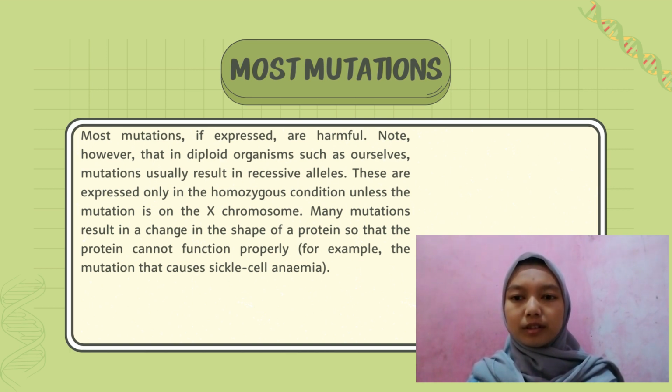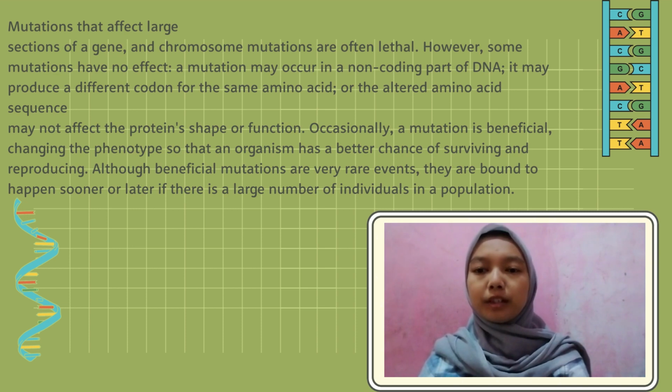Many mutations result in a change in the shape of a protein so that the protein cannot function properly, for example the mutation that causes sickle cell anemia. Mutations that affect a large section of a gene, and chromosome mutations, are often harmful.